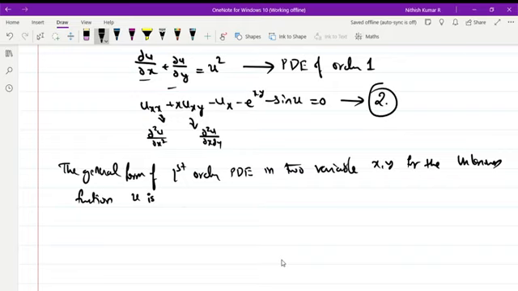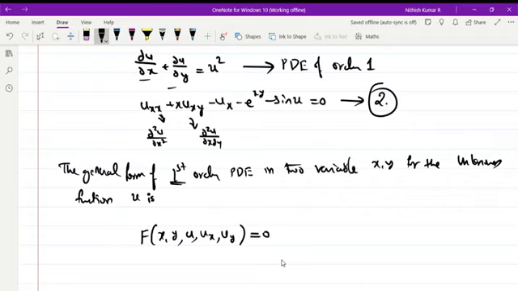for unknown function u. So given that it's a partial differential equation, f is a function of x, y, and u. Moreover, it contains first order derivatives, so it is ux, uy, and it will not contain ux square or uxx or uyy or uxy, because it's a first order.